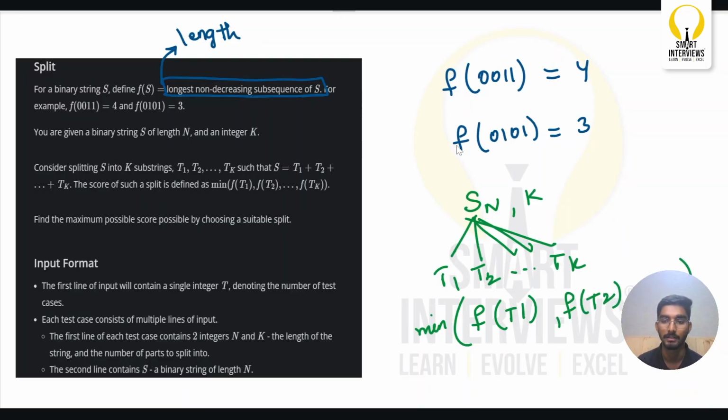This is the score for the split. Find the maximum possible score by choosing a suitable split. You need to find the max of all these splitting possibilities. This is the problem statement. Try to read the problem statement once again and try to get more clarity on it.